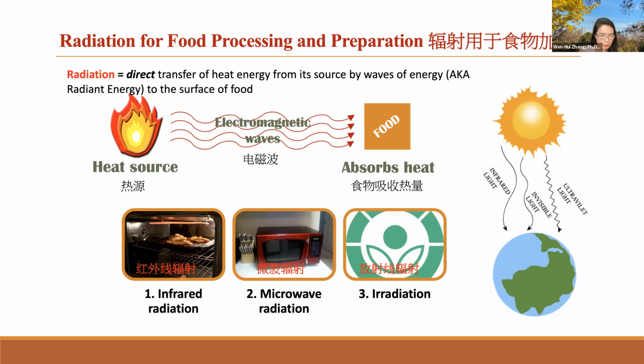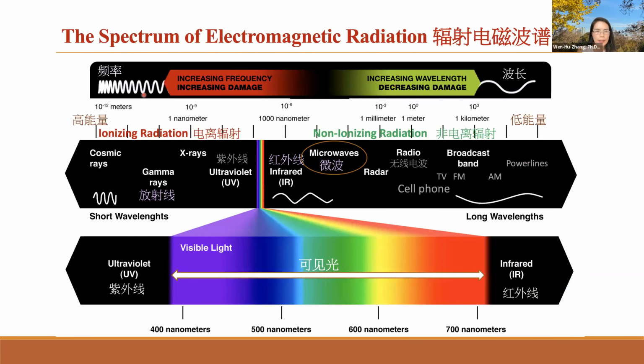Like this, the oven uses infrared radiation, and the microwave uses microwave radiation, and this is irradiation. That's the sun. We actually get a lot of infrared radiation from the sun. And that's the whole spectrum. On the left side, it's high energy, so it's ionizing radiation. That's what we know as harmful to the skin and cells, like gamma rays and ultraviolet, UV light.